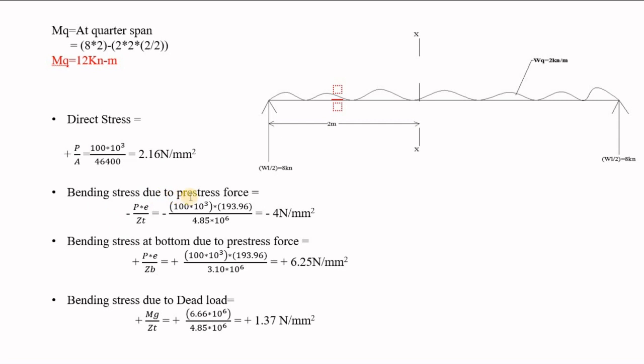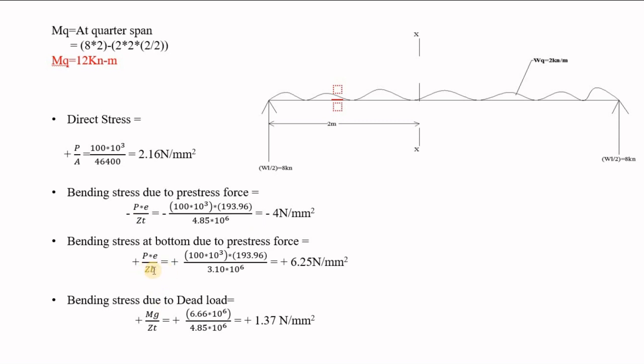Next one is bending stress due to pre-stress force. We know the E value, we know the P value. So here it's a combination of ZT ones and ZB ones. We should find out both the values. We have F superior and F inferior, so for the top and the bottom, both we should calculate. Here we are taking the top one. So the value is minus 4 Newton per mm square.